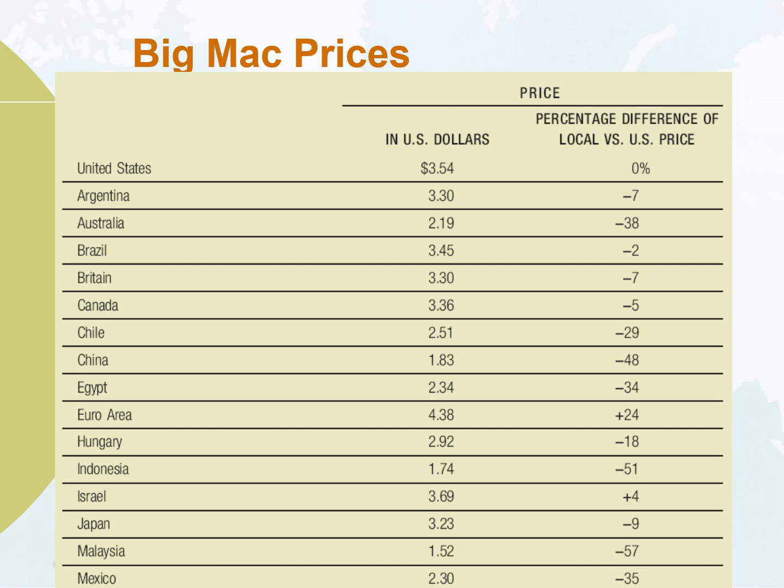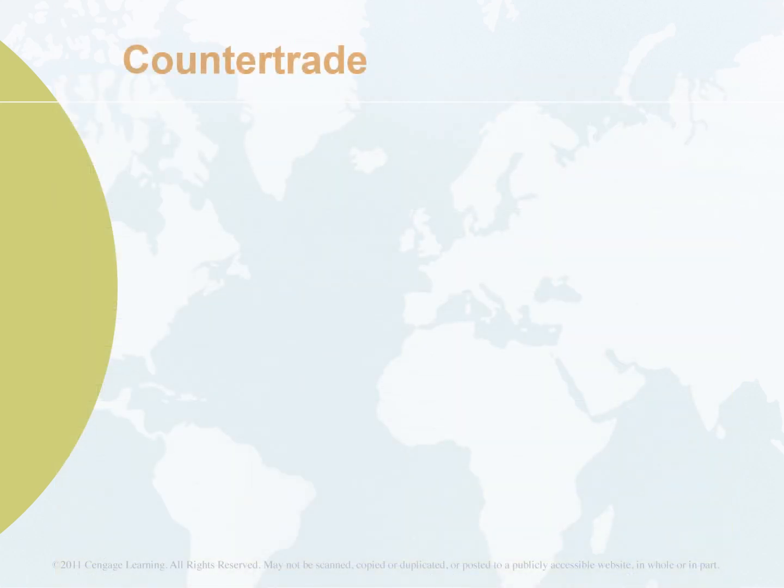In Australia, they reduced further to $2.19. And this is all reduced. Any increase? Yes. In the Euro area, it actually increased by 24% to $4.38. And you can see in Malaysia, it's reduced a lot, only about $1.50, half of what we pay.